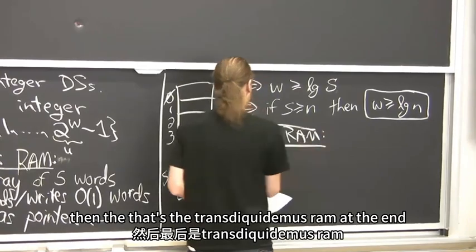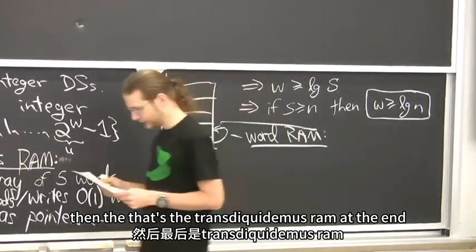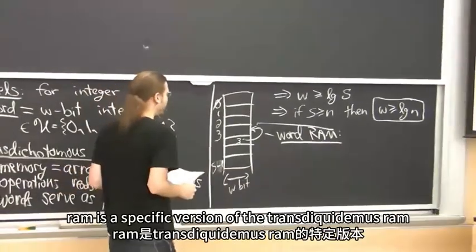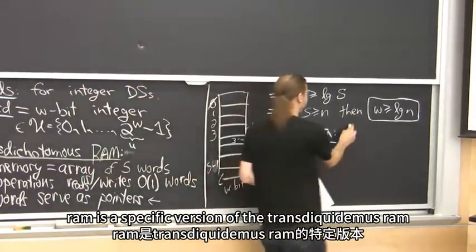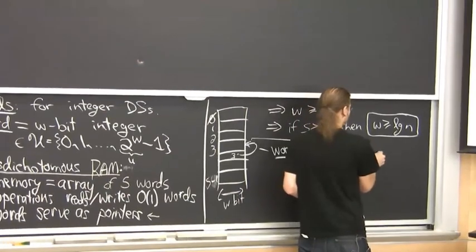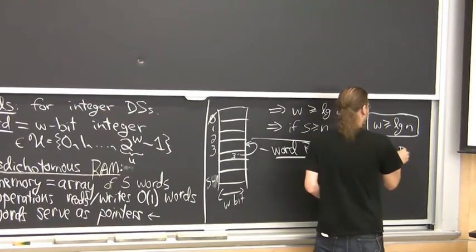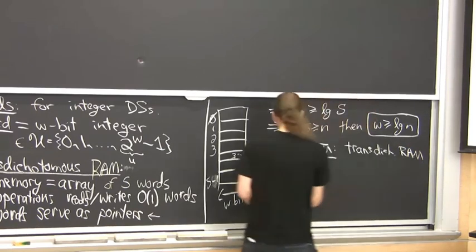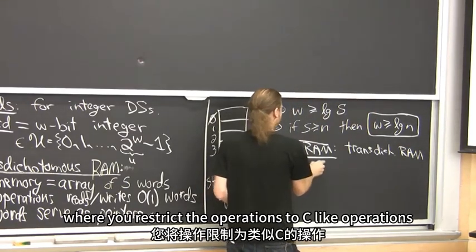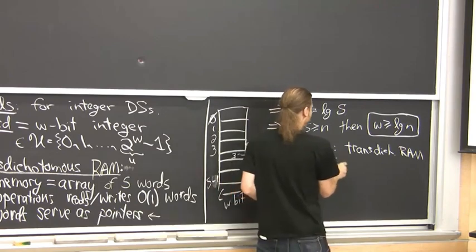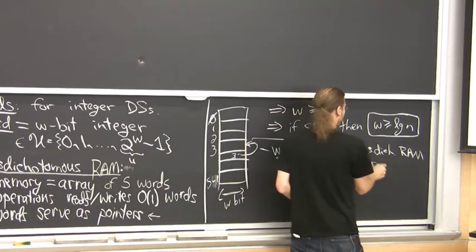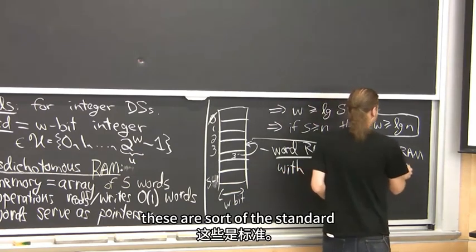Then that's the transdichotomous RAM at the end. And the word RAM is a specific version of the transdichotomous RAM, where you restrict the operations to C-like operations. These are sort of the standard.